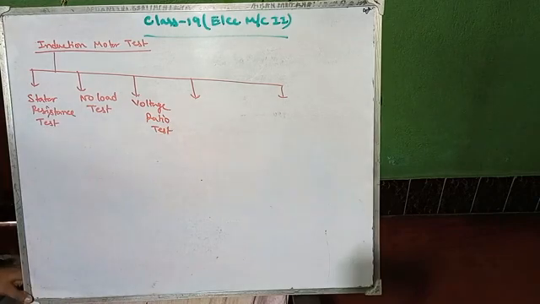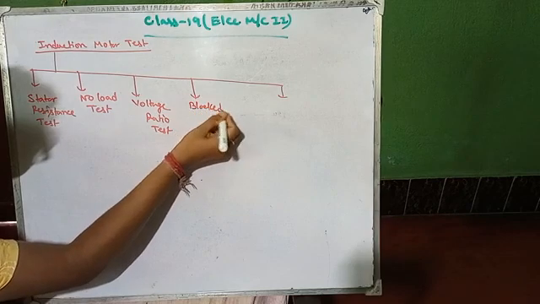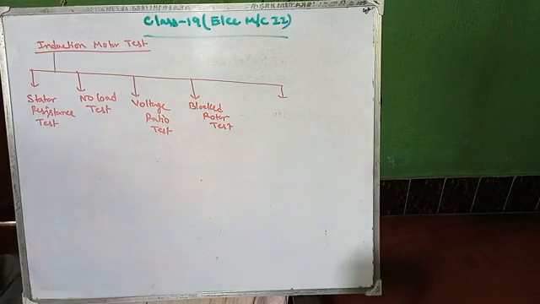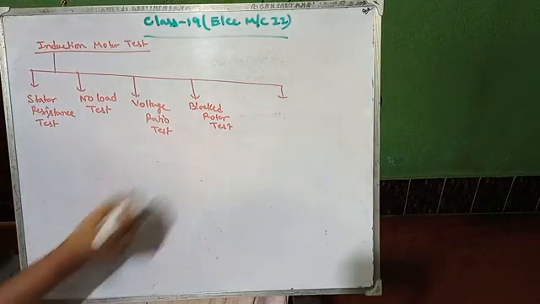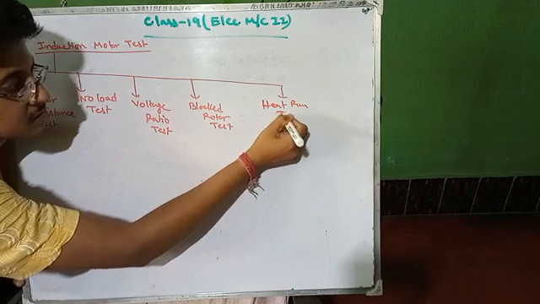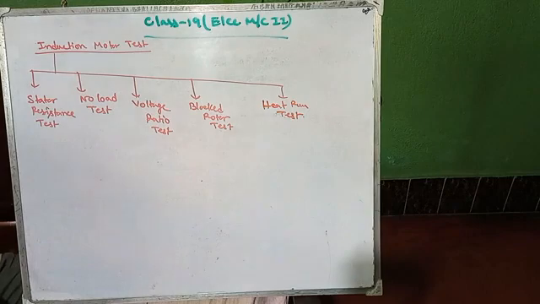Fourth one, block rotor test. And fifth, that is the last one, heat run test. All these 5 tests belong to the induction motor tests. So first, write stator resistance test.